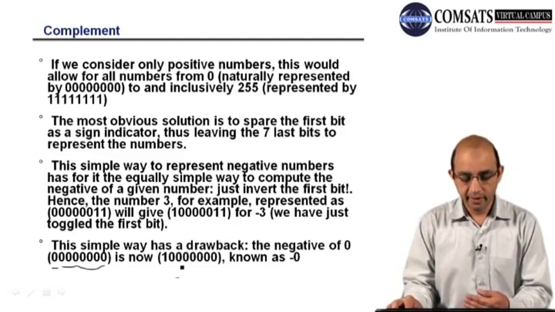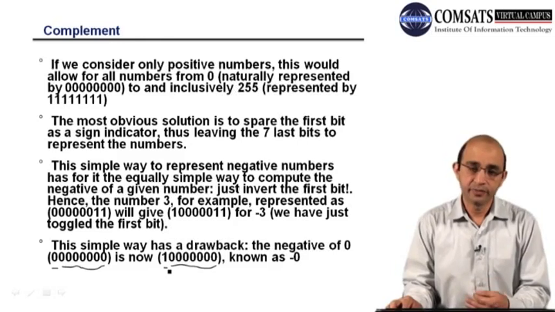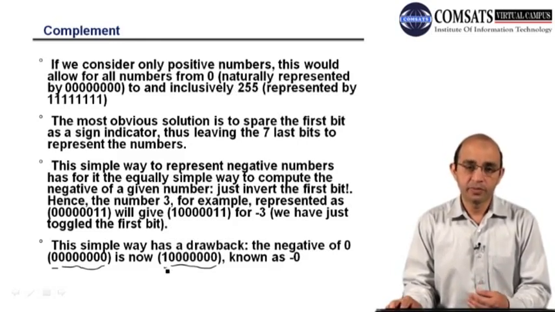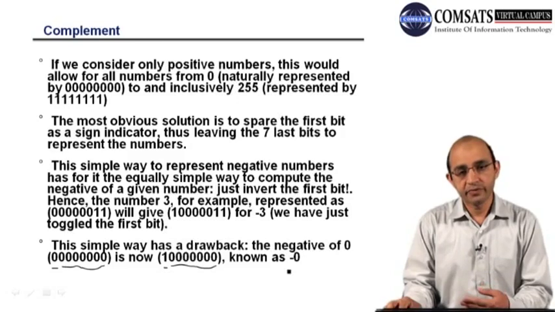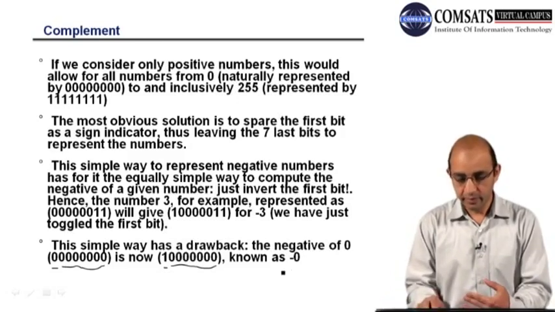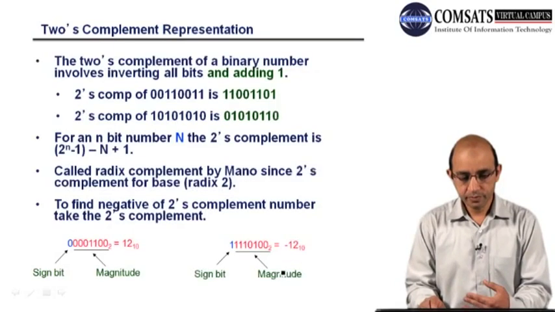And if we have those 7 zeros and a 1 over here, that indicates a negative 0. So that is the problem with this mechanism to represent negative numbers. We have to handle a positive 0 and a negative 0. So this is the problem.